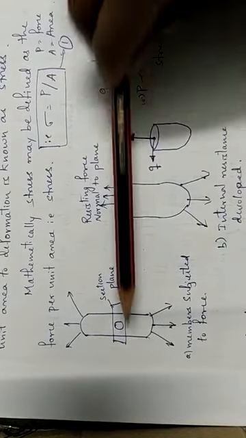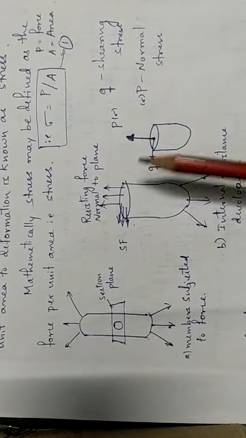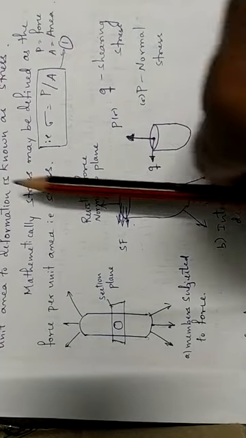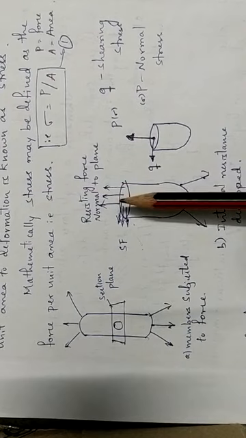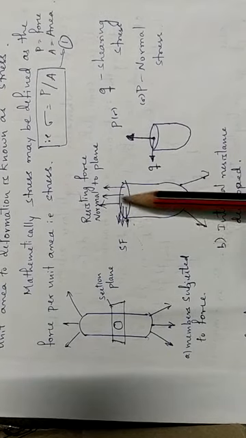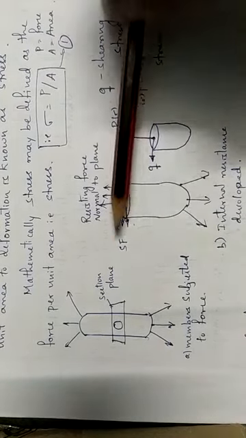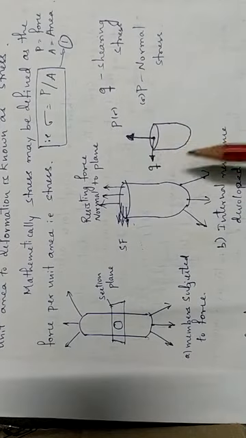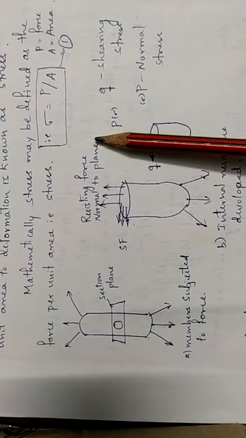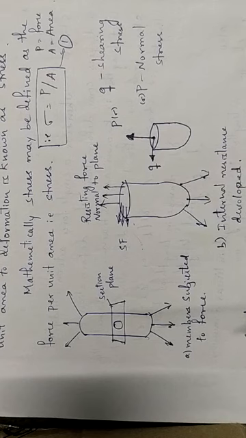Normal to the plane means directly acting normal to the section plane, and similarly parallel to the plane. See here, P is a normal force and Q is a shear force.